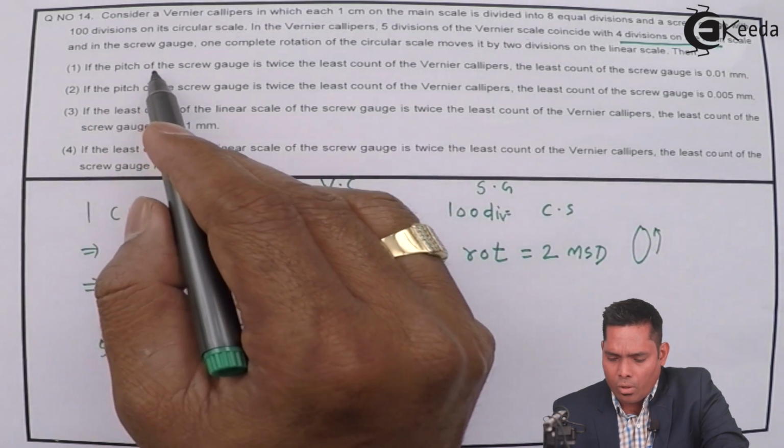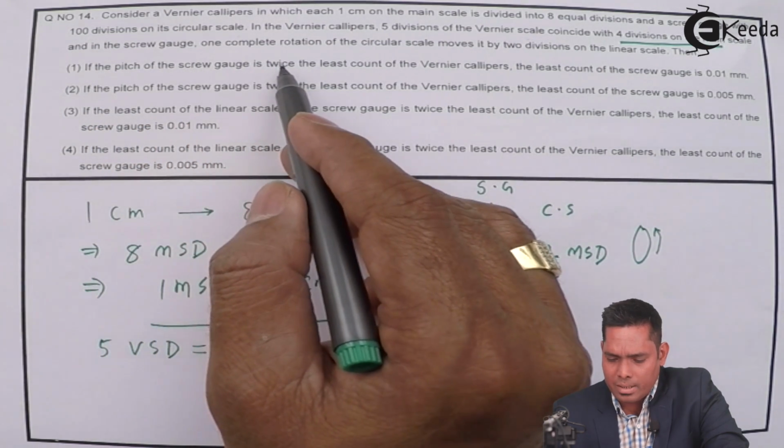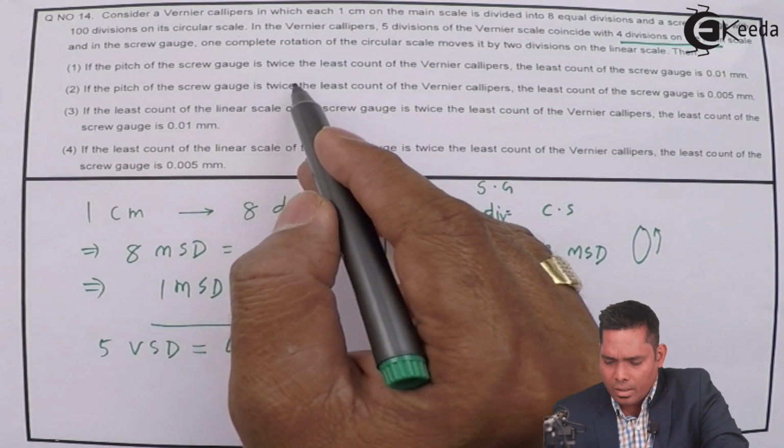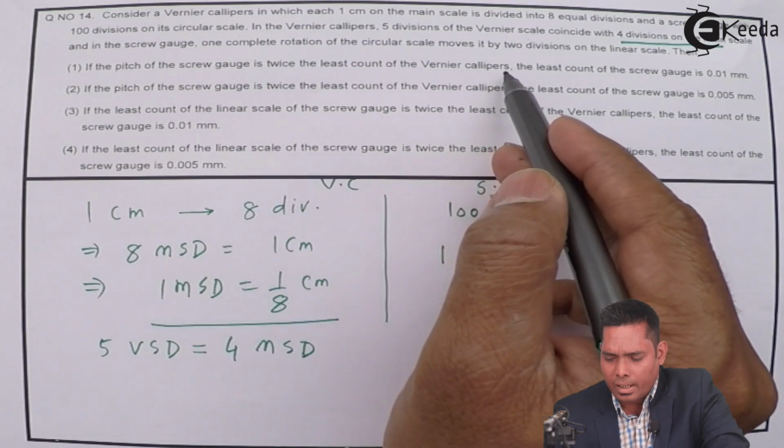If the pitch of the screw gauge is twice the least count of the vernier scale.